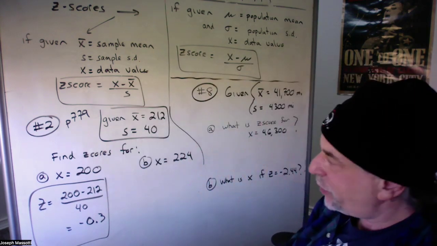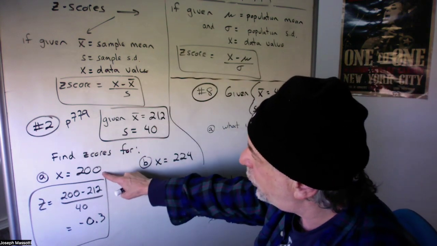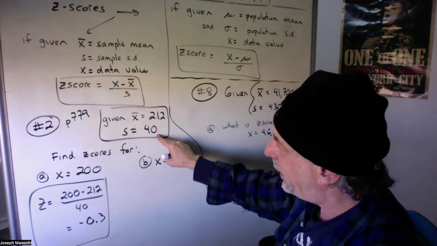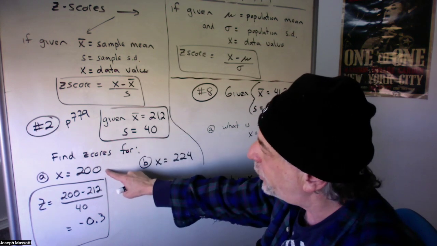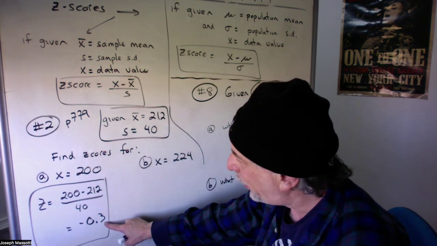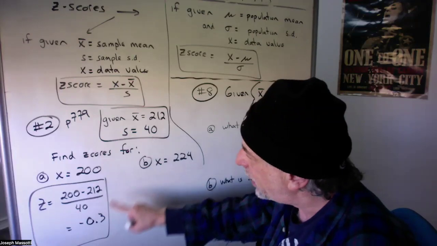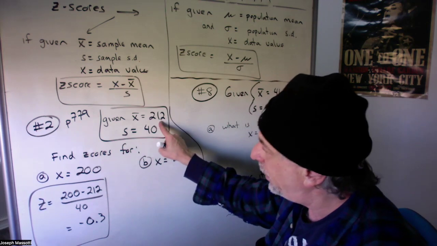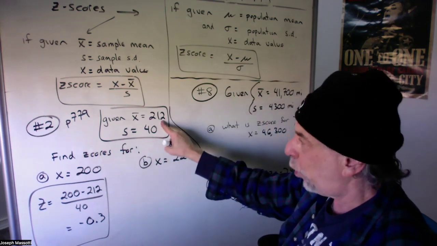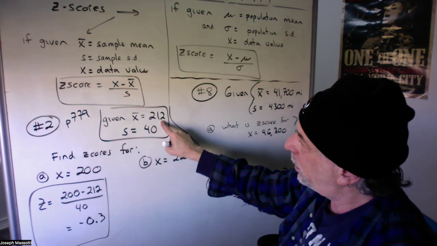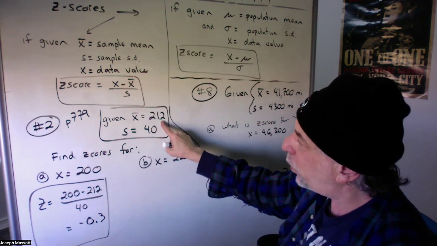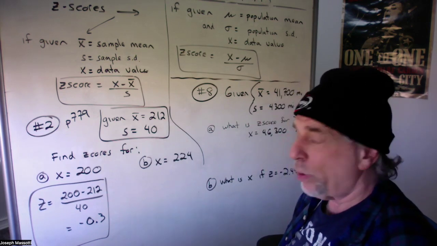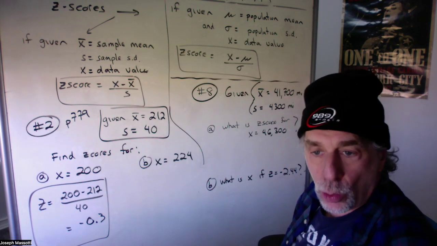And what that again tells you is that in a set where the mean is 212 and the standard deviation is 40, a value of 200 is 0.3 standard deviations below that mean, because it's negative. And that makes sense, right? 200 is 12 below the mean of 212. 12 out of 40 is going to be 0.3. So 0.3 standard deviations below the mean.